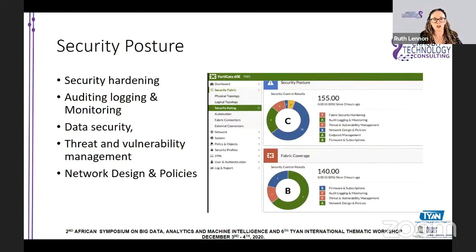hardness of the security. Have we carried out the basic bare minimum tasks that we need to do on our system? What about auditing and logging? Now, everybody loves turning on logging because we know it's important to do, but how many people go back and read the logs?